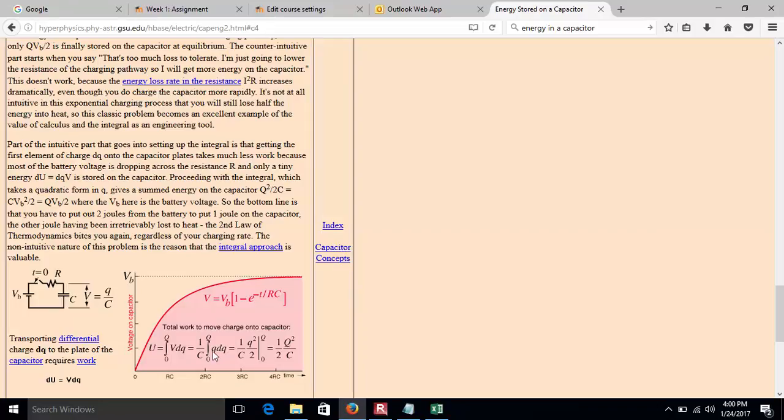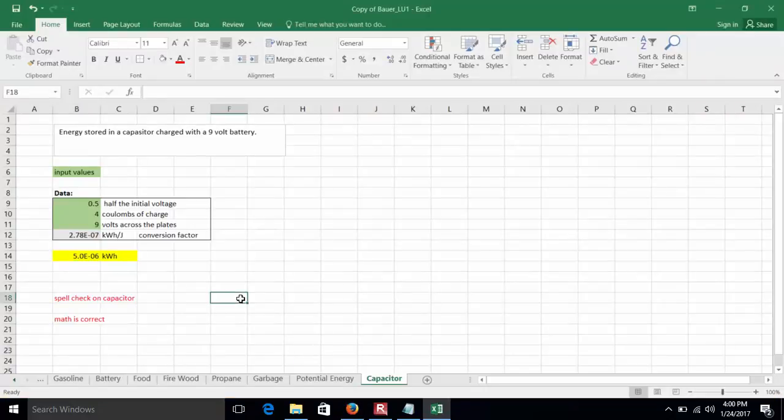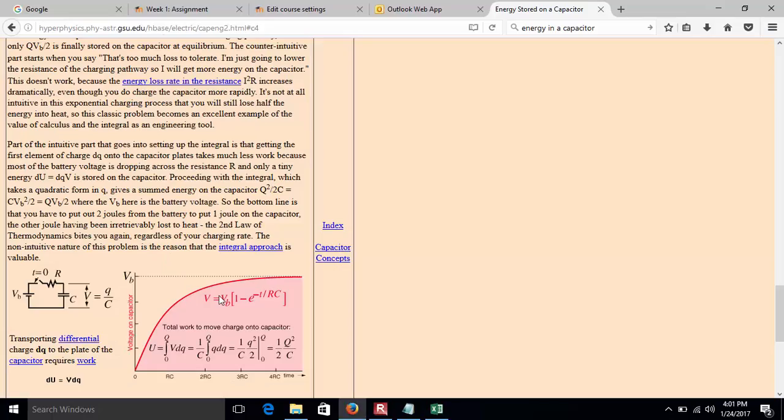Yeah, so Q is the charge, and when you integrate that, it goes squared, and here comes your half. So one half Q squared C, or, well, he used voltage, though. What's the relationship between?